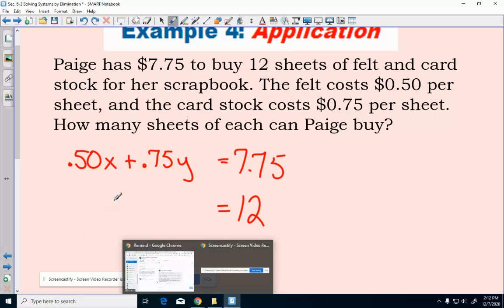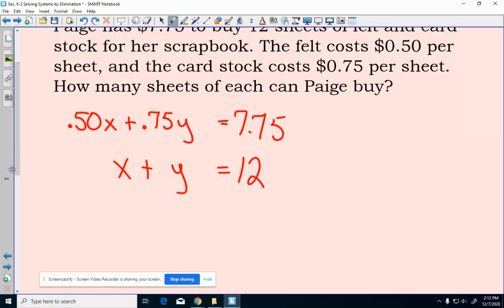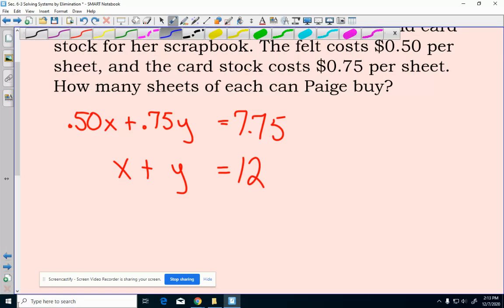So here, it's simply x plus y equals 12. Now, at this point, we have two equations. Some of you may be thinking, hey, substitution, right? Take that bottom equation, solve it for x or y, and plug it into the other equation. Not a bad idea. However, elimination might not be a bad choice either.